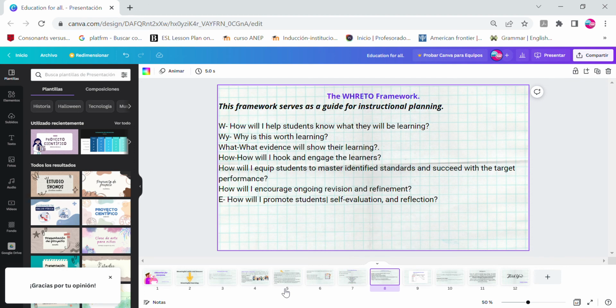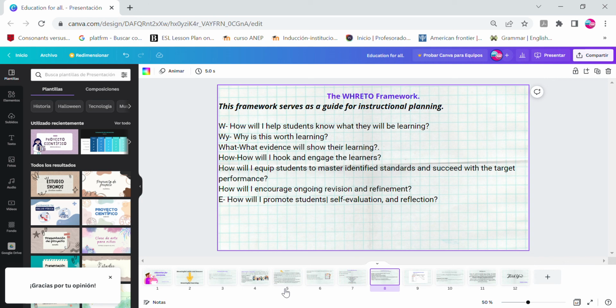Here we have another framework. I think this is important because it is based on different questions that we have to ask ourselves when we are creating an instructional planning. Maybe it's not important to remember the whole framework, but it is important to think about it as a guide.